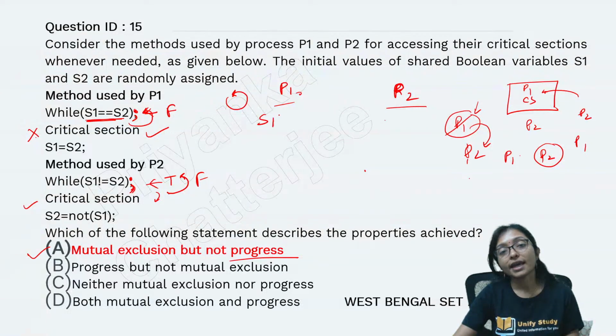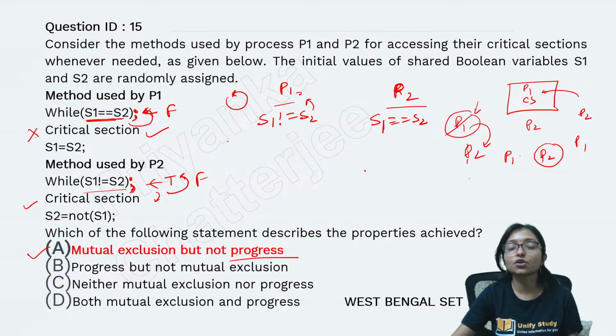Means when S1 not equals S2, then P1 will execute. And P2 executes when its condition is false, means when S1 equals S2, then P2 will get the chance in the critical section.